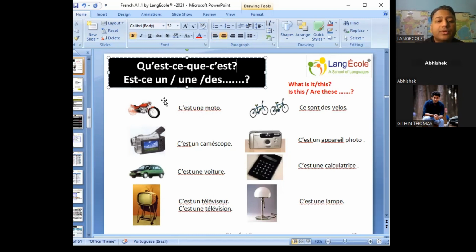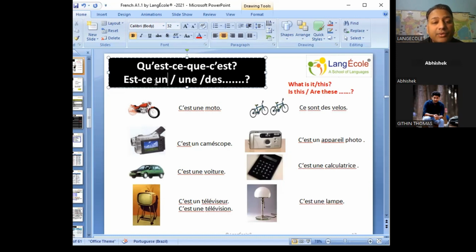But the second question, what will happen in this case? This is a confirmatory question, a yes or no question. So in this case, you will add a oui or non. The question will be est-ce un moto, and the answer will be oui, c'est un moto.